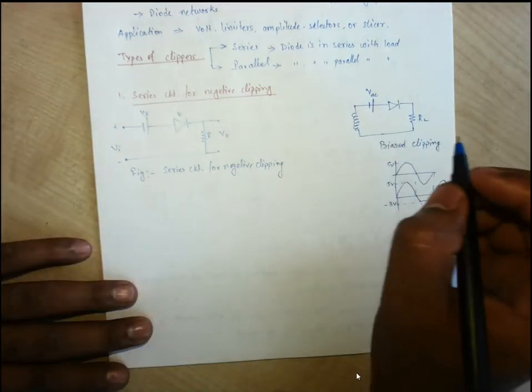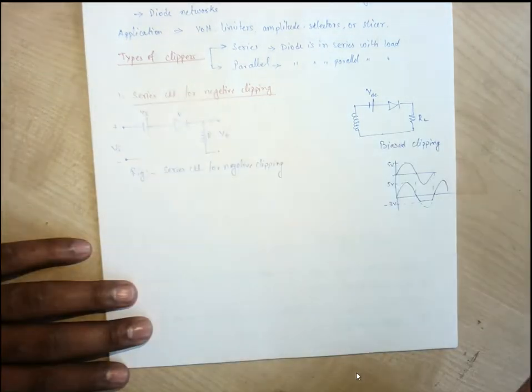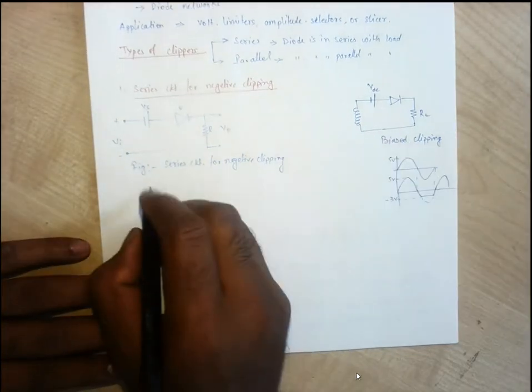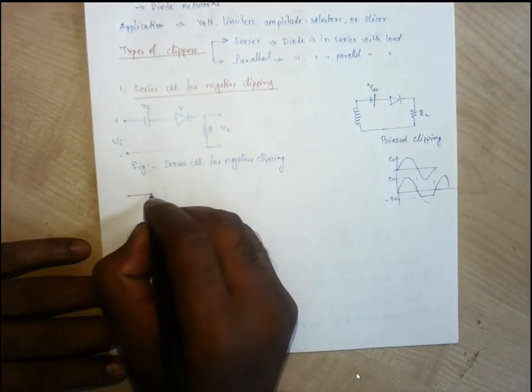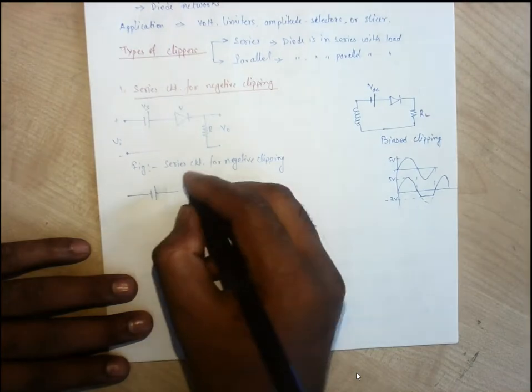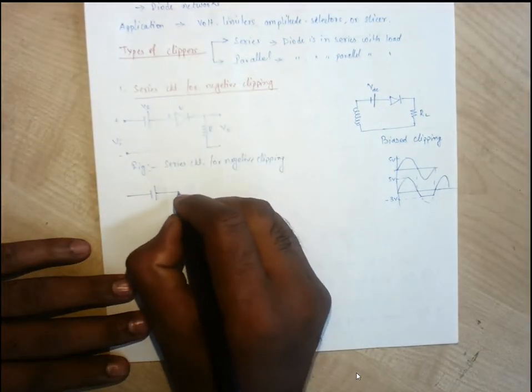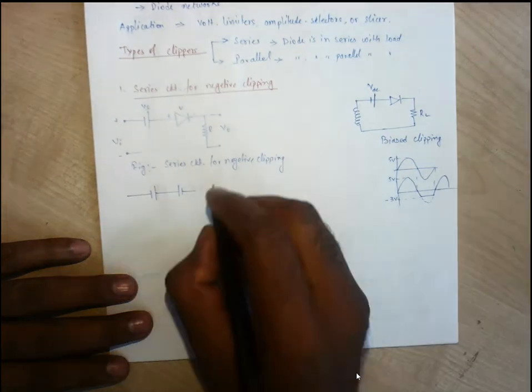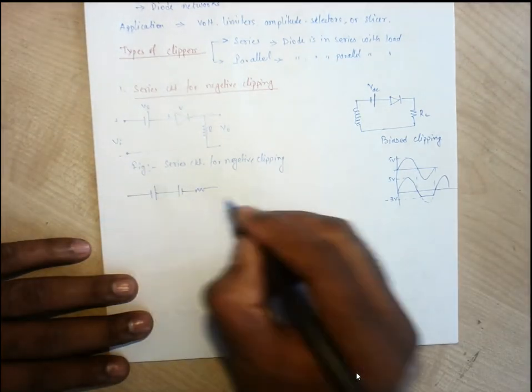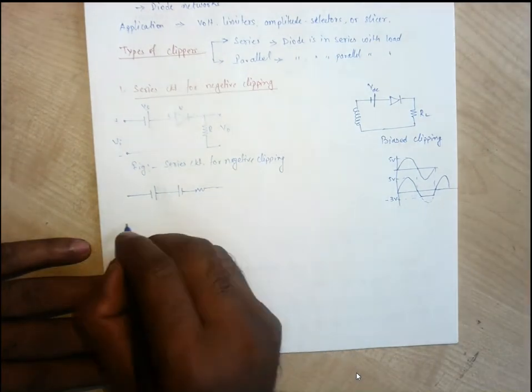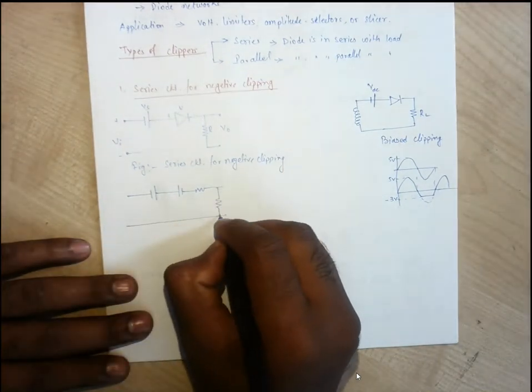So if we think that it is the on state of the diode, then we can draw this diagram as: it is plus, it is minus. So a voltage source of that polarity along with a resistance Rs, then it is connected with the load.